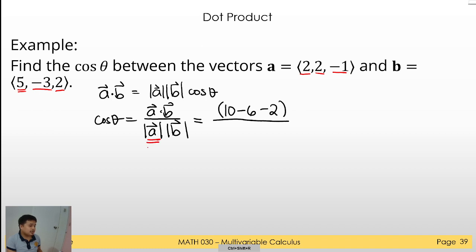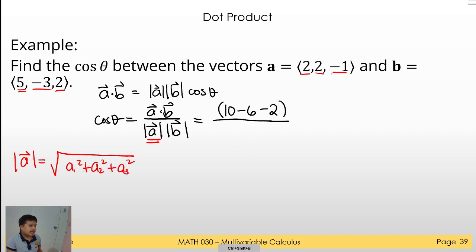Now for the denominator, how do we find the length? We know, guys, that the length of our vector, let's say vector A, is the square root of the sum of the squares of its components. So we have a1 squared plus a2 squared plus a3 squared.